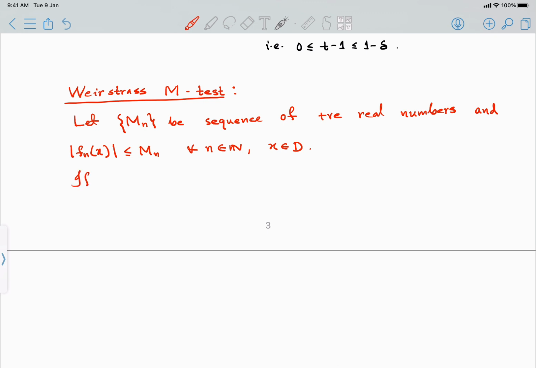If the series summation M_n is convergent, meaning finite, then summation f_n(x) is uniformly convergent.